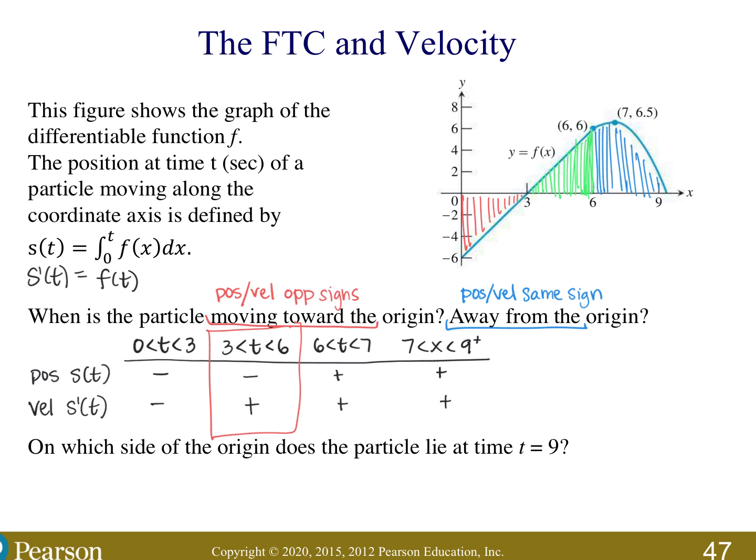And then from 6 to 7, and then to 8 and to 9, it's moving away from the origin in a positive sense. So by the time it gets to time 9, on what side of the origin does the particle lie? It's on the positive side of the origin, or we could say the right side.